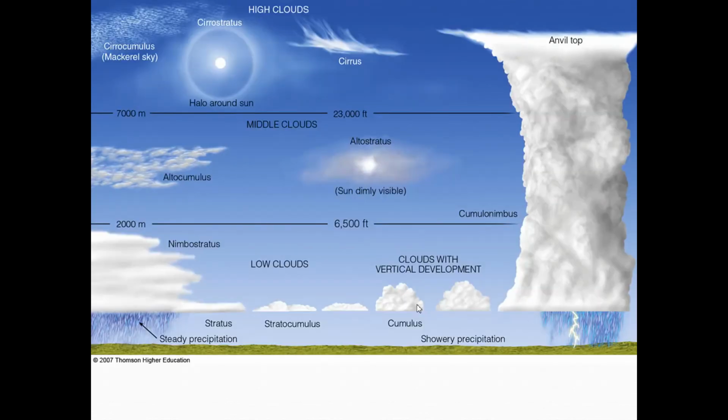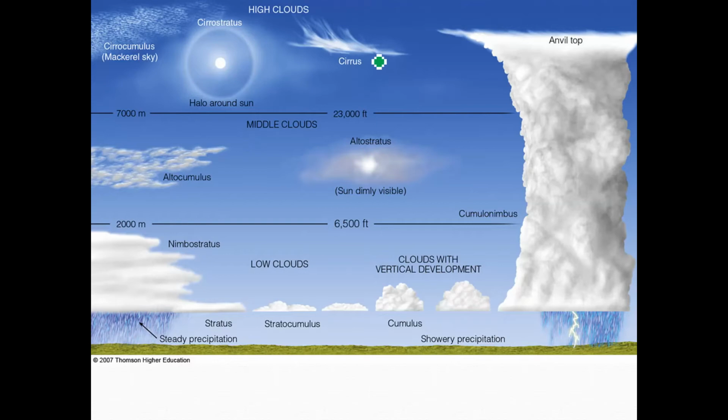So here is the overall modified Howard's classification system. And there are 4 main groups. There are low clouds. These are clouds that form below 6,500 feet. Middle clouds. These are clouds that form between 6,500 and 23,000 feet.